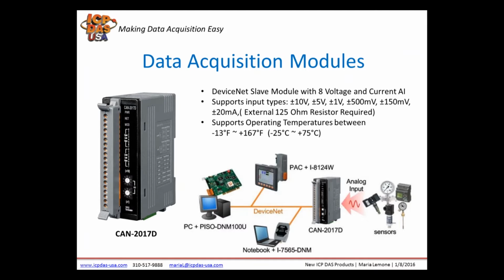It's being used in factory automation, remote data acquisition, packaging, machine control, and environmental monitoring systems. It supports DeviceNet protocol and is used to bring analog input information back to a host PC, PLC, or embedded controller for analysis and control.